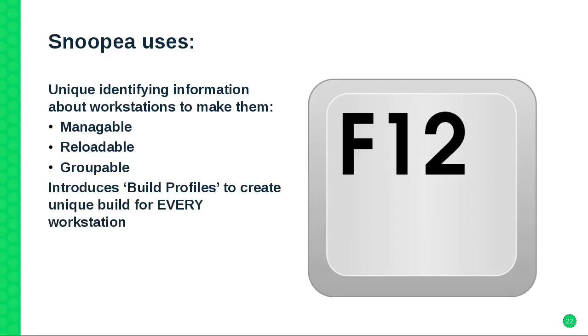So we introduce a build profile. A build profile is a combination of the network, the app group, and the pre-seed file. If you're in a banking situation, and I keep using that as an analogy because it's a good one, you might have tellers that just do one set of tasks, with one set of applications that they're only ever going to use.